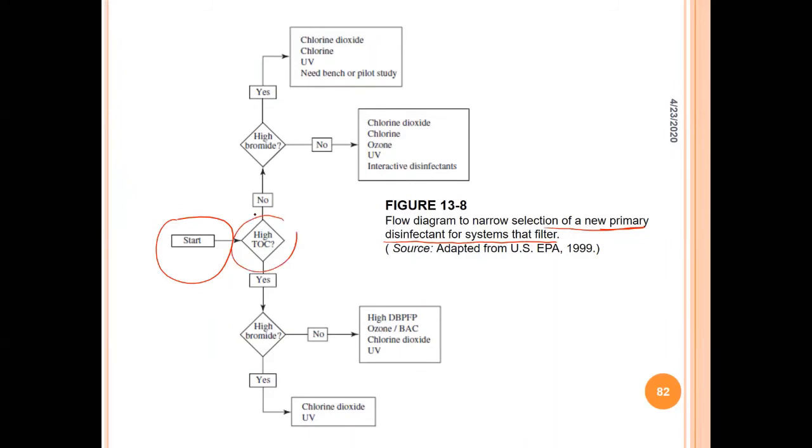We see if it has high TOC, high total organic carbon, or not. If it has high concentration, then we check also whether it has high bromide or not. If it also has high bromide concentration, we go for chlorine and UV. If it does not have high bromide concentration, we can go for ozone, chlorine dioxide and UV.